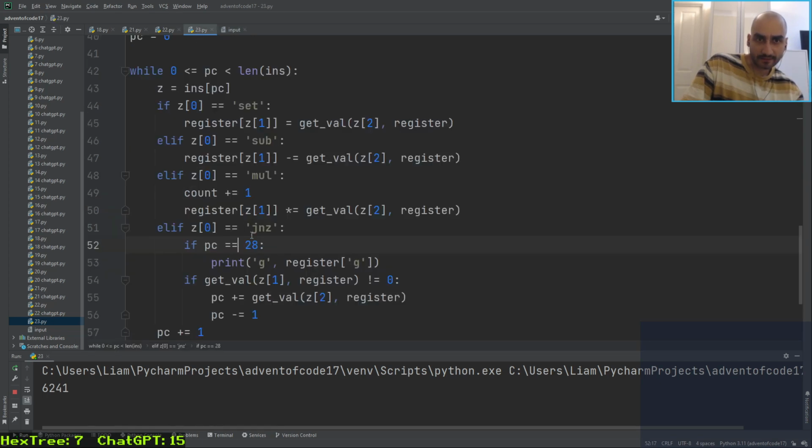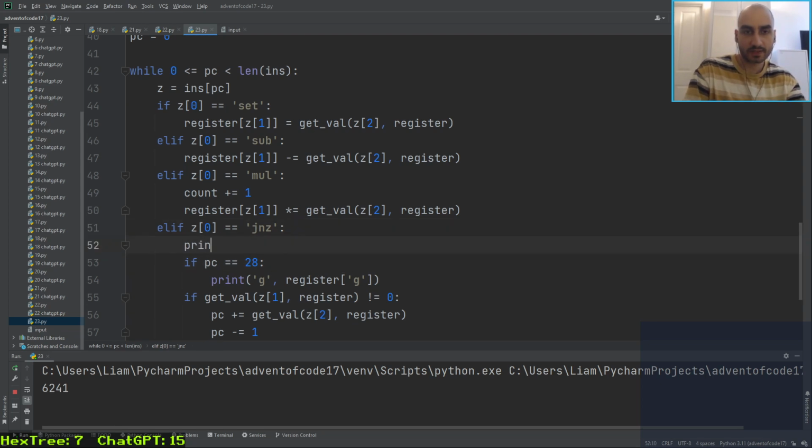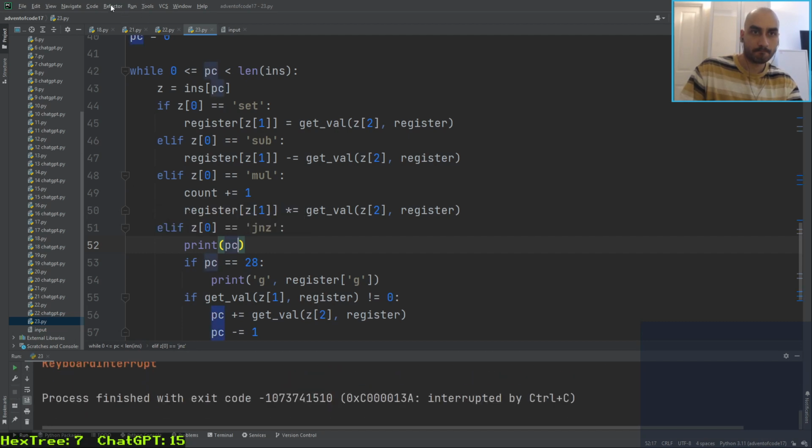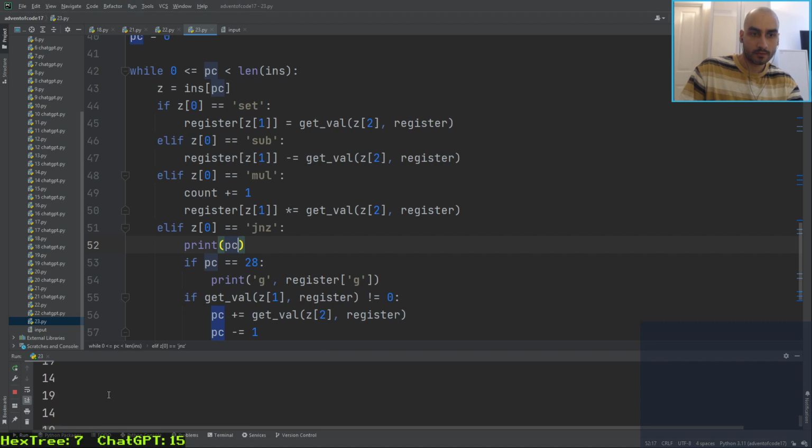Are we never hitting that line? Let's see what lines we are hitting. Print PC. It's just stuck between 14 and 19.